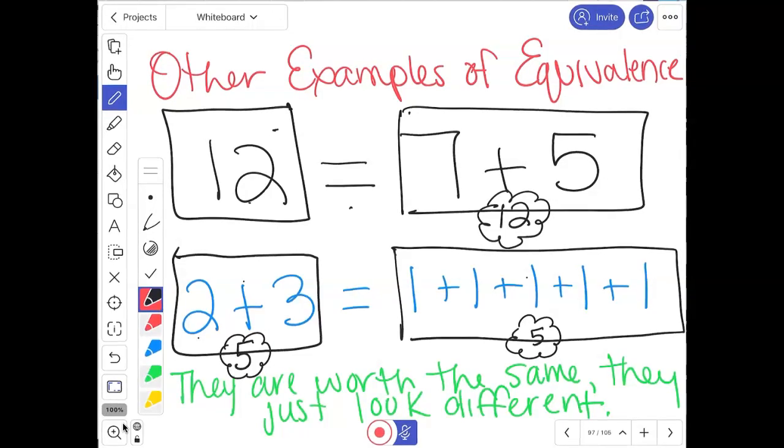I want to give you another example, and this one's not a math example. Superheroes. You know, like Superman and Captain America and Batman. They're a great example of equivalence. Now hear me out. Sounds weird. You're like, that's not math, Mrs. Shock. Hear me out. Batman is a normal guy.